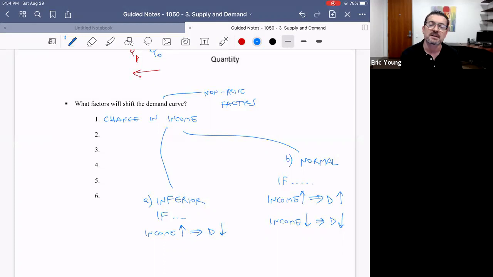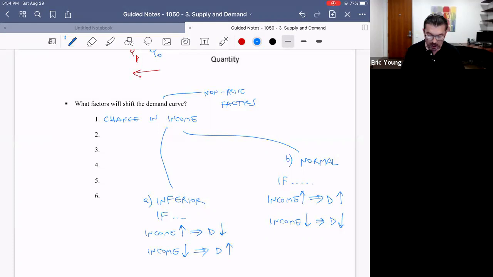Again, this is not saying that the products are crap. It's not impugning their quality. It's simply the relationship between your income level and your consumption level. That's all. For inferior goods, when your income goes up, your demand goes down. And when your income goes down, your demand for those goods goes up.